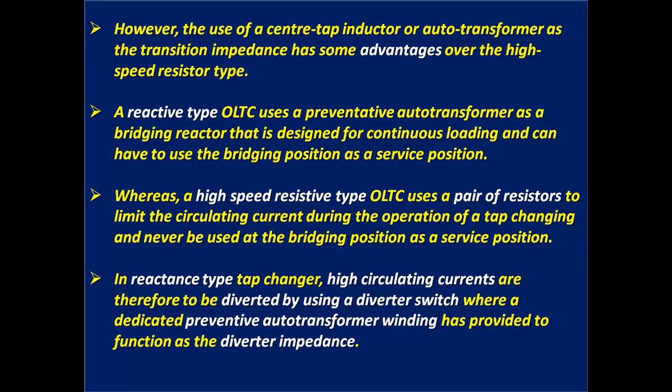In a reactance type tap changer, high circulating currents are diverted by using a diverter switch, where a dedicated preventive auto-transformer winding is provided to function as the diverter impedance.